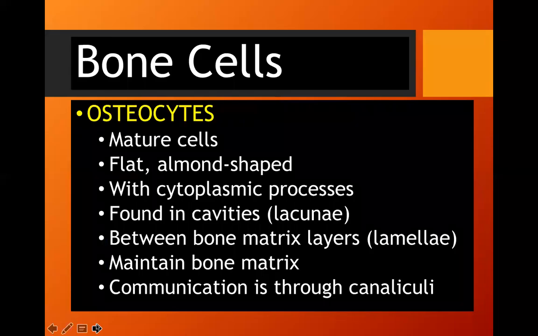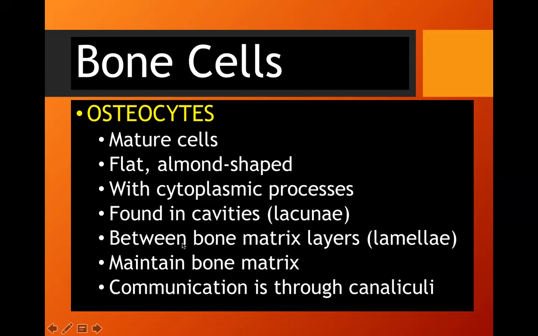After osteoblast, let's go now to the parenchyma of the bone, which is your osteocyte. They are the mature cells and their shape is flat and almond-shaped with projections. Those projections are actually your cytoplasmic processes. The osteocytes are found in the cavities known as your lacunae.